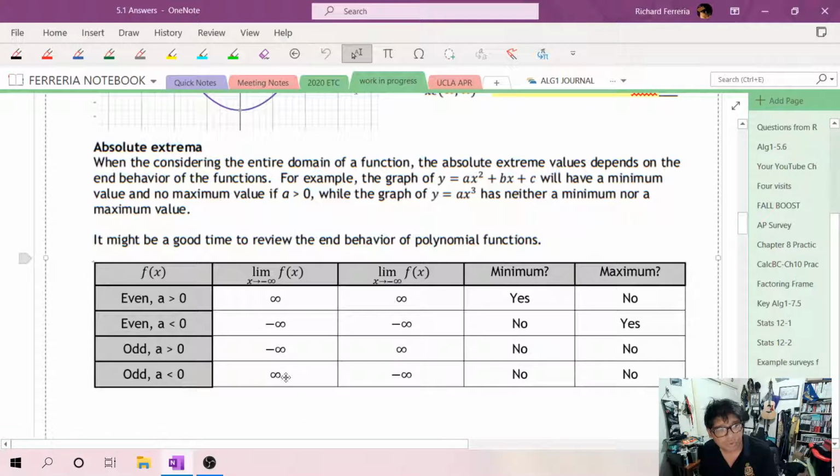The opposite is true for an odd function that has a negative lead term. It's going to go to positive infinity on the left, negative infinity on the right. In either case, an odd polynomial does not have an absolute maximum or an absolute minimum globally.